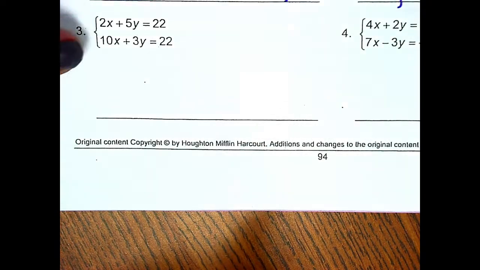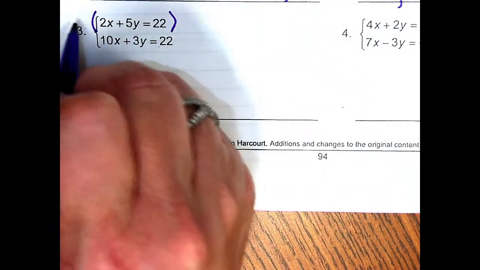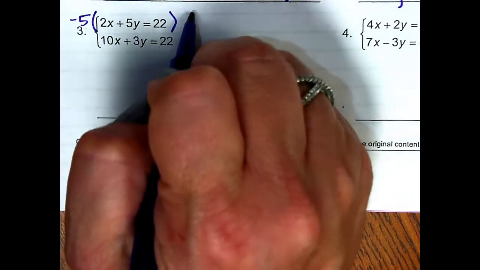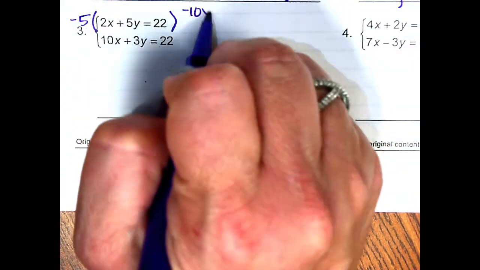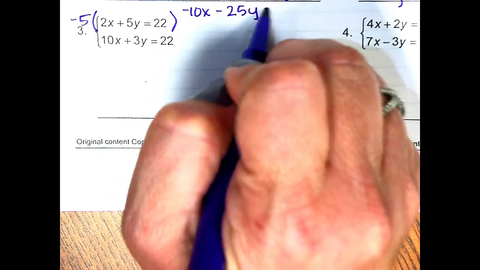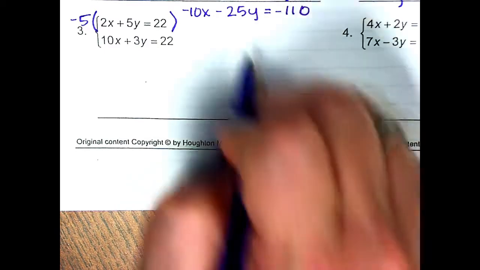On this one, I can multiply the top equation by -5. So I'm going to get negative 10x minus 25y equals negative 110.